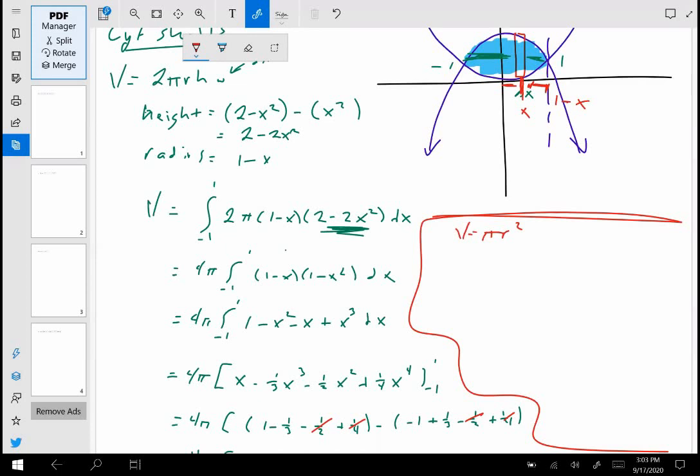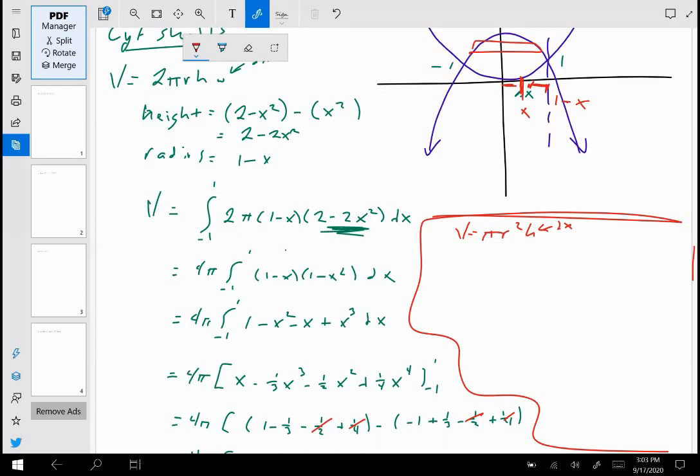This is really pi r squared h, but remember the h is just the dx or the dy or whatever we're doing. So in this case, it would be dy. Now let's just kind of focus on the top one. How do you get the height or the radius for that?